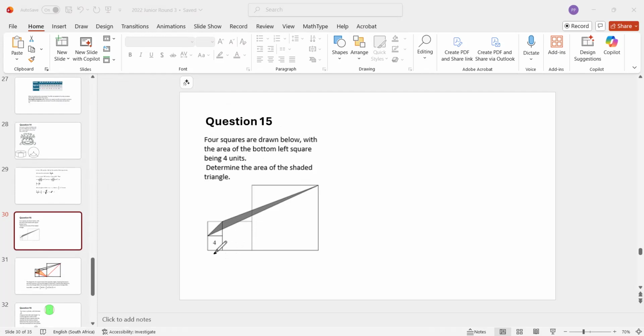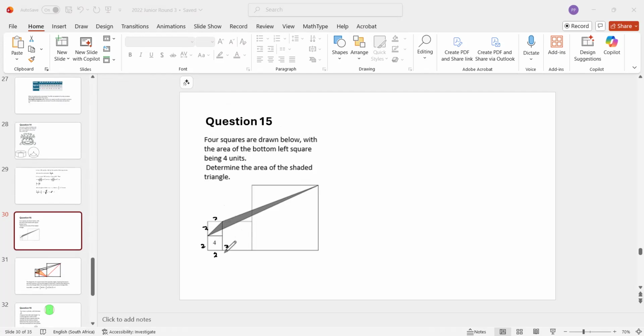It means that the side is 2. Okay, so let's just proceed from there. Even this side is 2, but this other thing is a square also. So if one side is 2, all the sides are 2. Okay, so this is another square here.